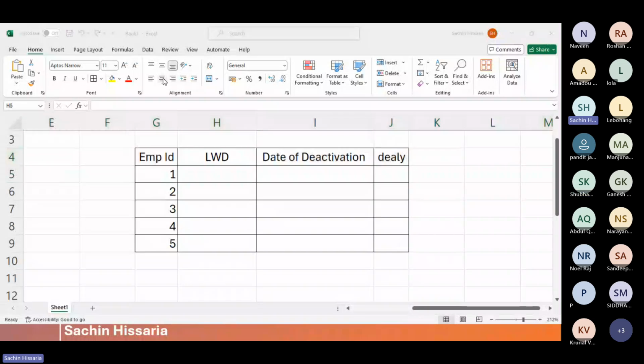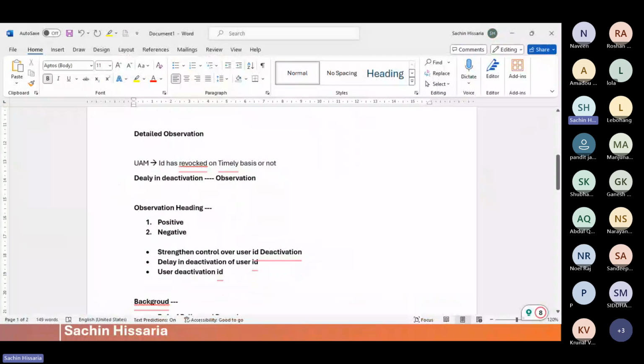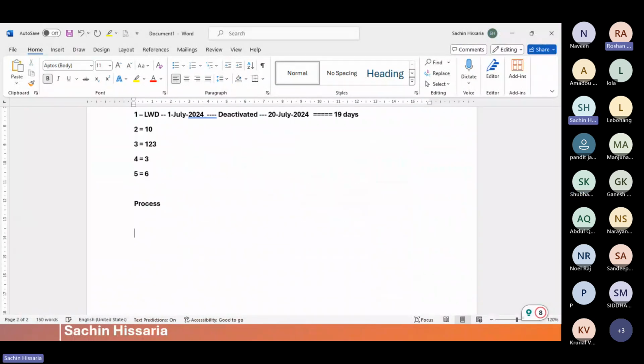Now in every company, how does the user ID deactivation process work, guys? In general, can you tell me how this process works in the company? Any one of you? First, the HR team will intimate the IT team, correct?